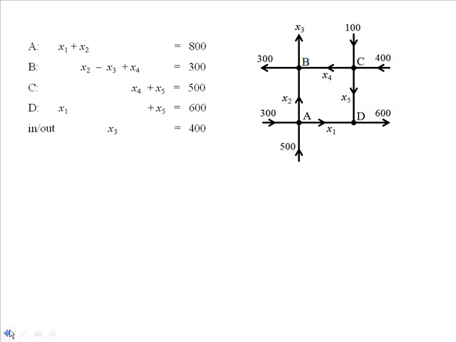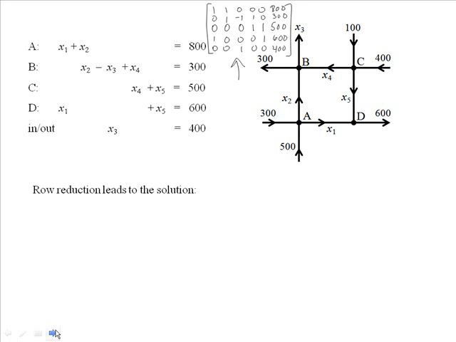We can set this up as an augmented matrix, which would be a 5 by 6 matrix, and we see it here. When we row reduce it, we end up with this solution: x1 is 600 minus x5, x2 is 200 plus x5, x3 is 400, x4 is 500 minus x5, and x5 is a free variable.